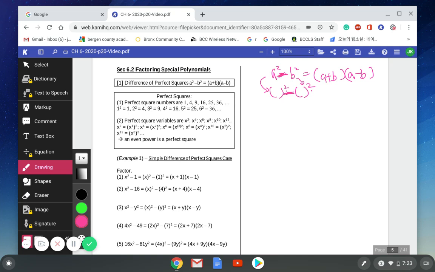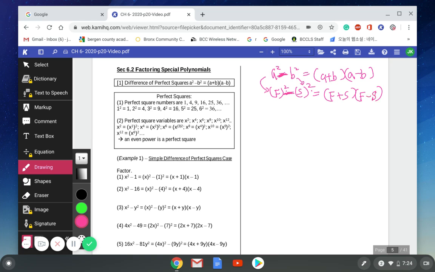Let's say it's a first term and a second term. Then the value of that becomes the same as the product of the first one plus the second one with the first one minus the second one.